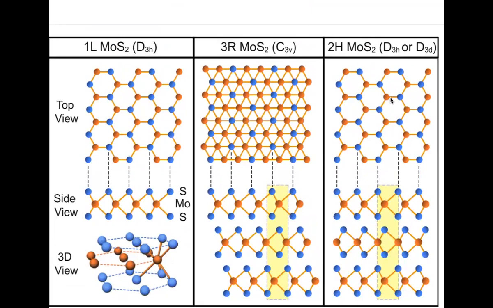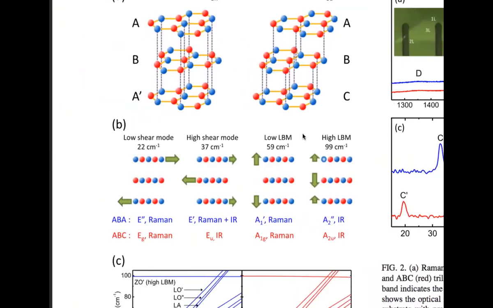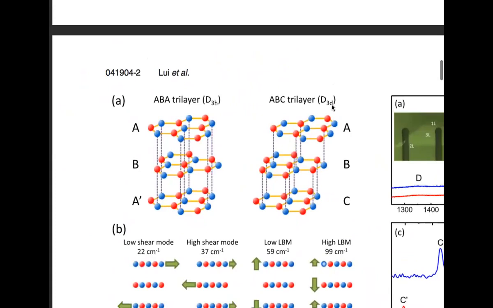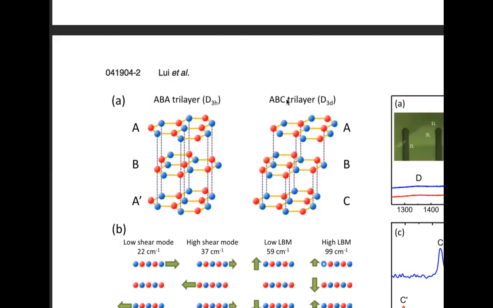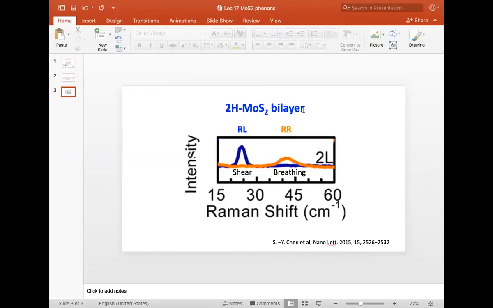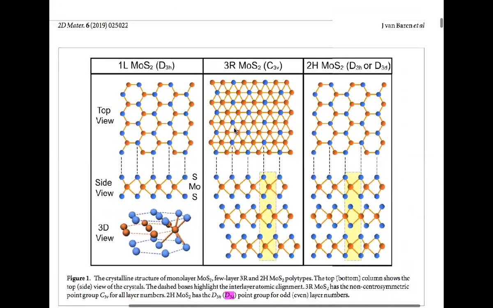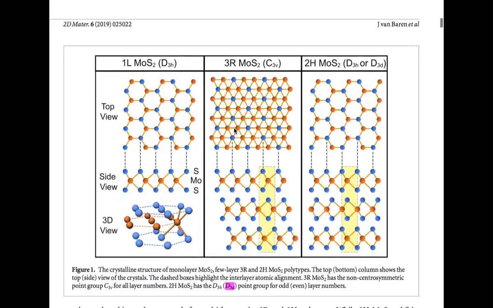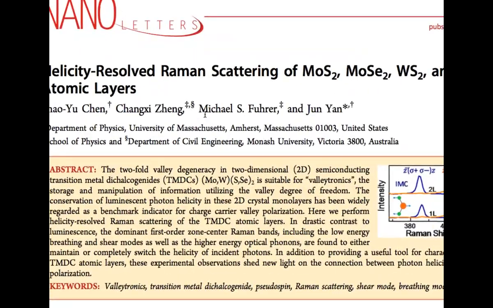We already have a D3d in our analysis because ABC trilayer graphene is also D3d. So let's continue. In this paper, there's another paper from Professor Chun Hung's group in UMass Amherst.